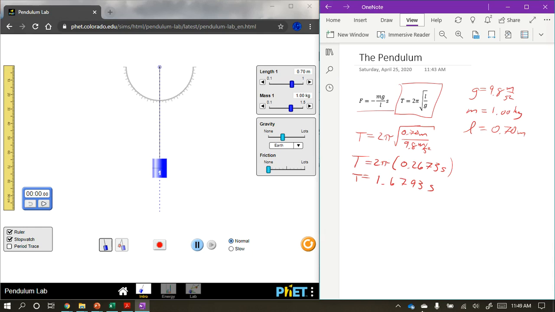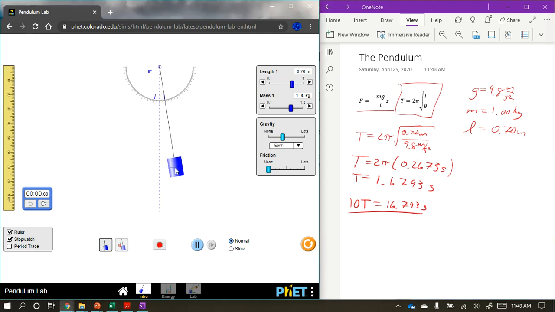Okay, so it's really hard to measure the period of 1 oscillation, so we're going to measure the period of 10 oscillations. That should take 16.793 seconds. And again, notice that this did not depend on mass at all. So we're going to lift up our pendulum, get it swinging, and then I'm going to start the timer when it's at the leftmost point.